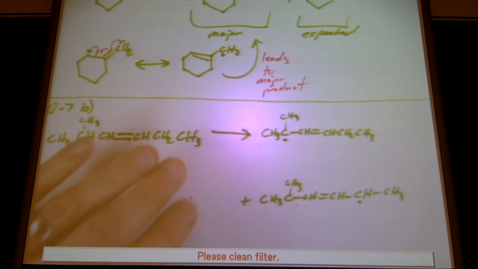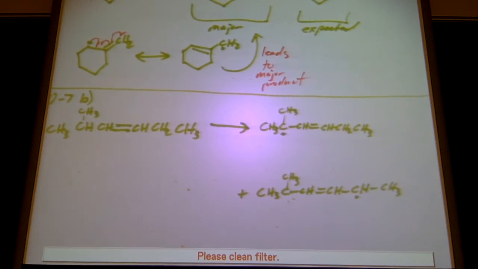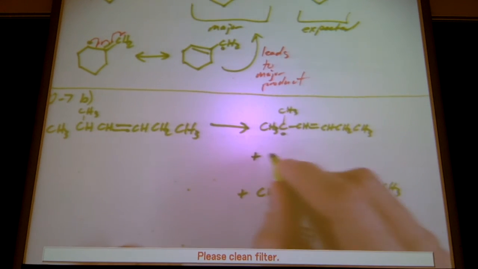I can look at my intermediate, draw the intermediate for each of those. Now I can draw the resonance forms for each of those.